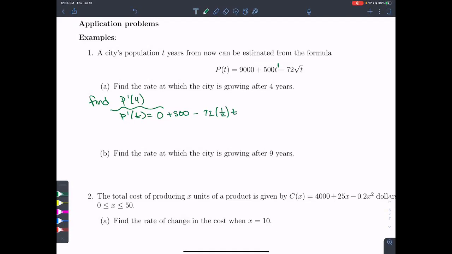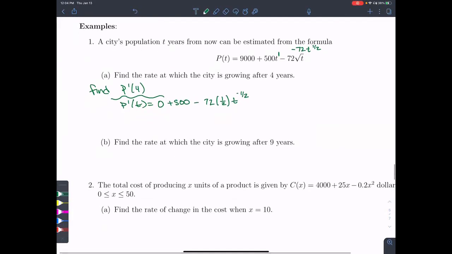Remember this would be 72 t to the 1/2. So 1/2 down front and then decrease it by 1. So that would become negative 1/2. So then we have 500 minus 72 over 2 is 36 t to the negative 1/2.